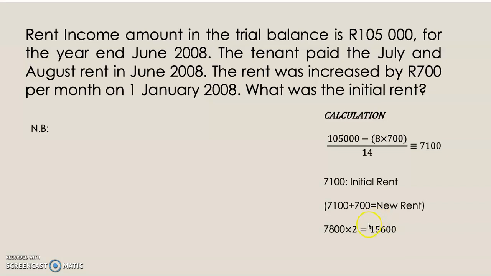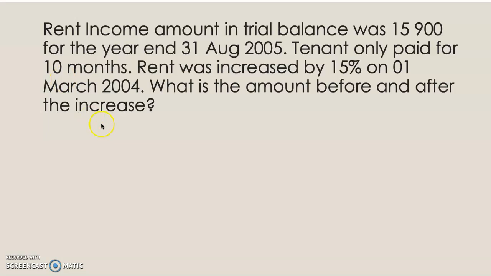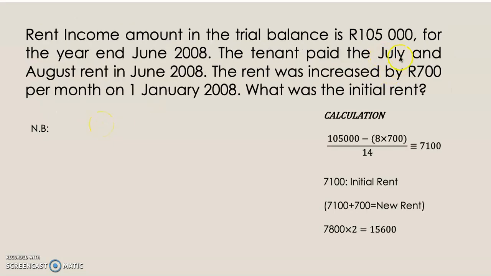This was income received in advance for the month of July and August, so 2 months. Okay, so it's really easy.